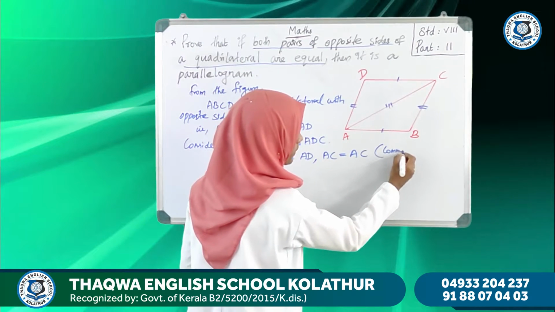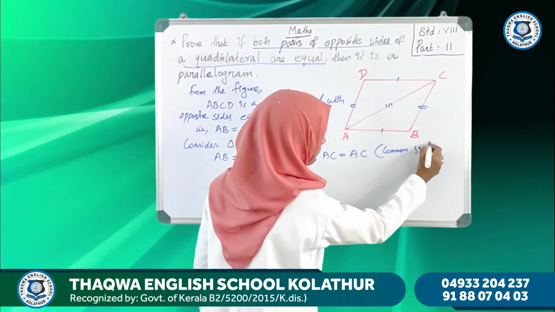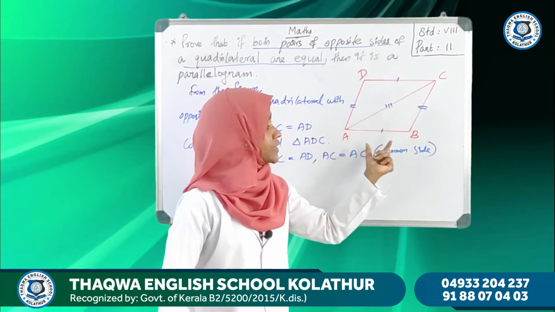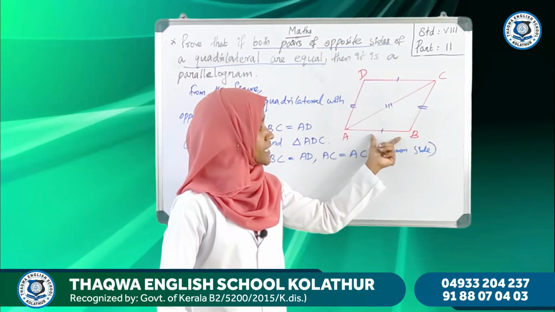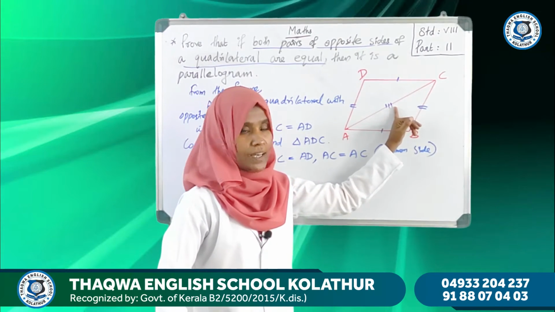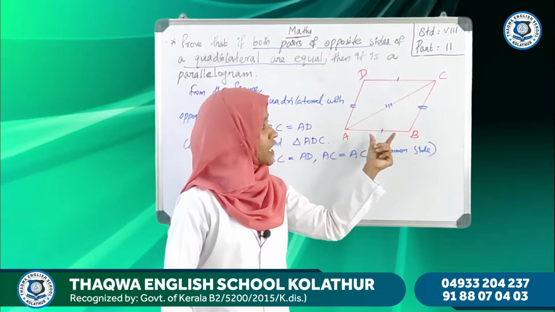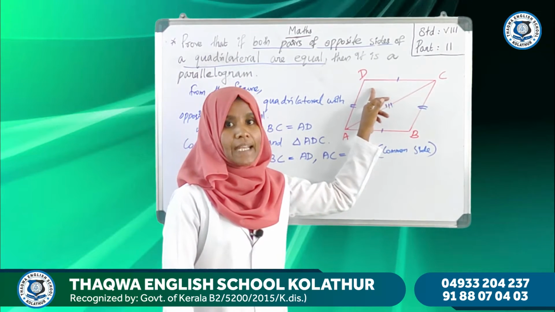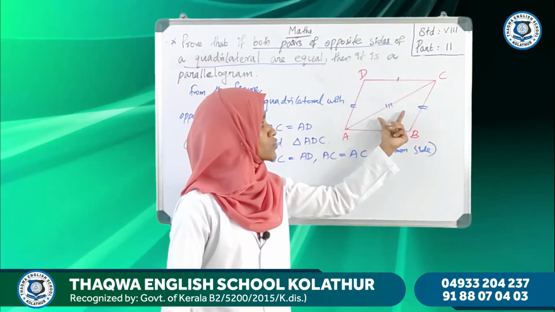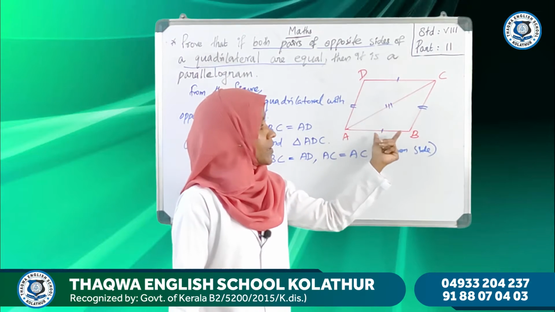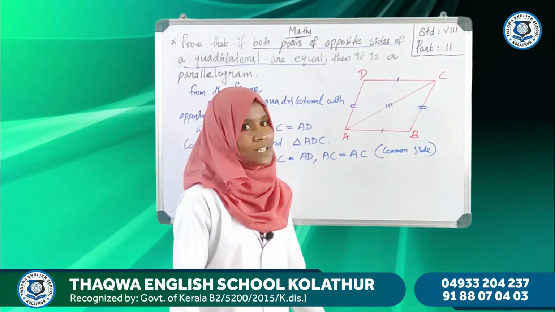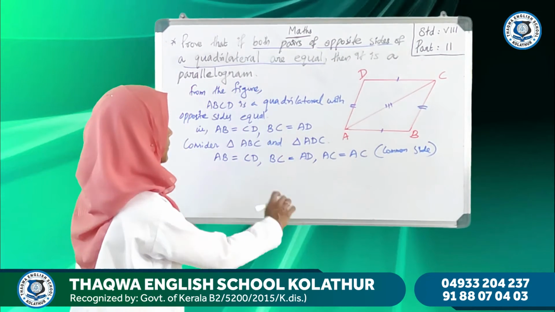This is the common side. So ABCD is a quadrilateral with opposite sides equal, that is AB equals CD, BC equals AD. AC is the diagonal, the common side of triangle ABC and triangle ADC. Now from this we can say that the three sides of triangle ABC are equal to the three sides of triangle ADC.